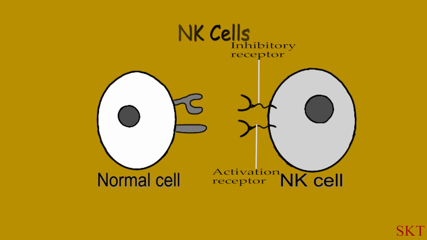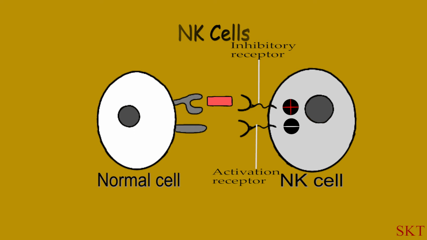So if the inhibitory receptor recognizes the self MHC1 molecules, then this sends a signal that acts against the activation receptor signals. So basically if it's a normal cell, then you can think like this: the inhibition outweighs the activation. So the natural killer cells do not kill these normal cells.